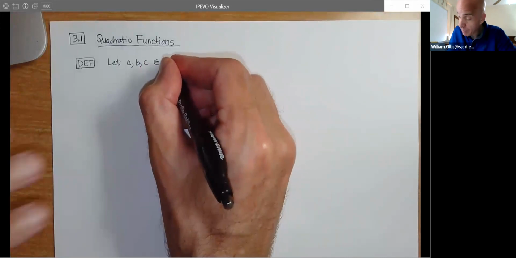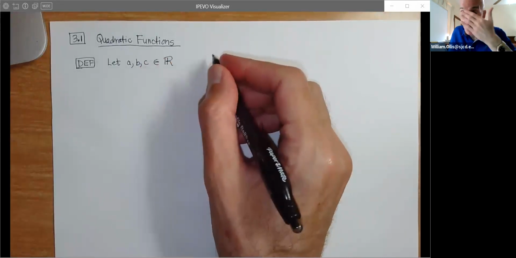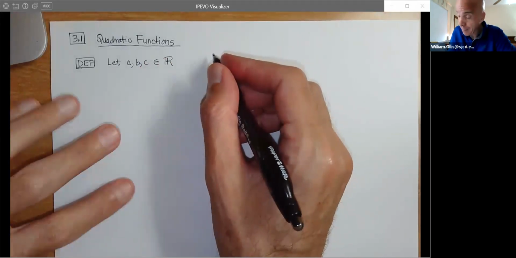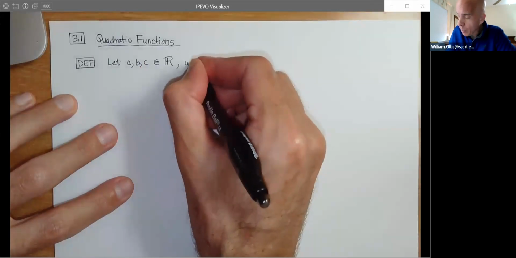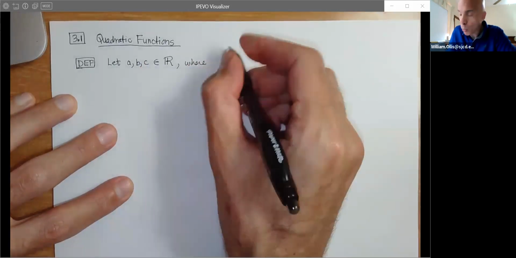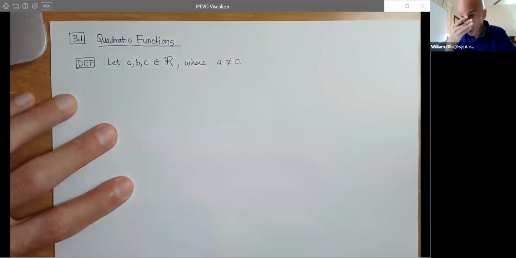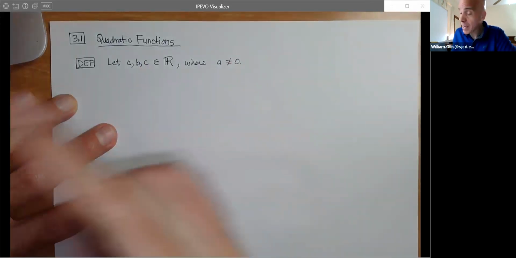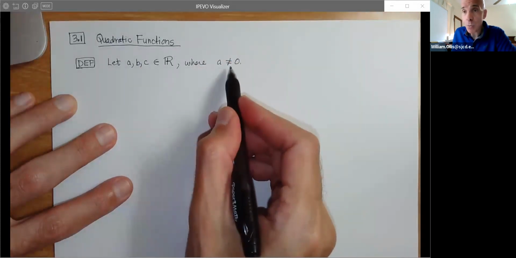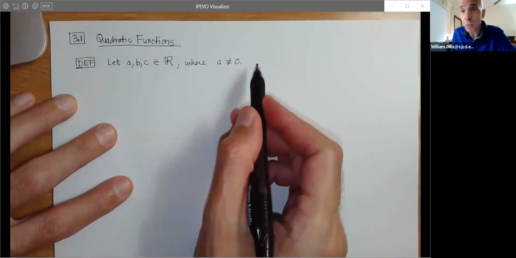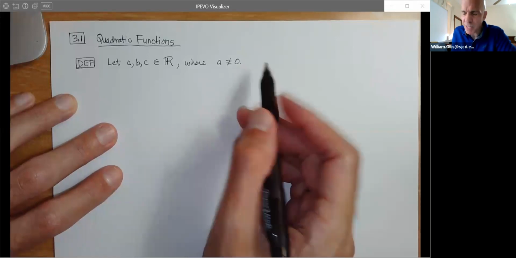So we're going to look at A, B, and C being real numbers, and then where, just like with the quadratic equation, A is non-zero. I mean, let's face it, ladies and gentlemen, if A is 0 in our setup, then the quadratic term is missing, and that's no good.